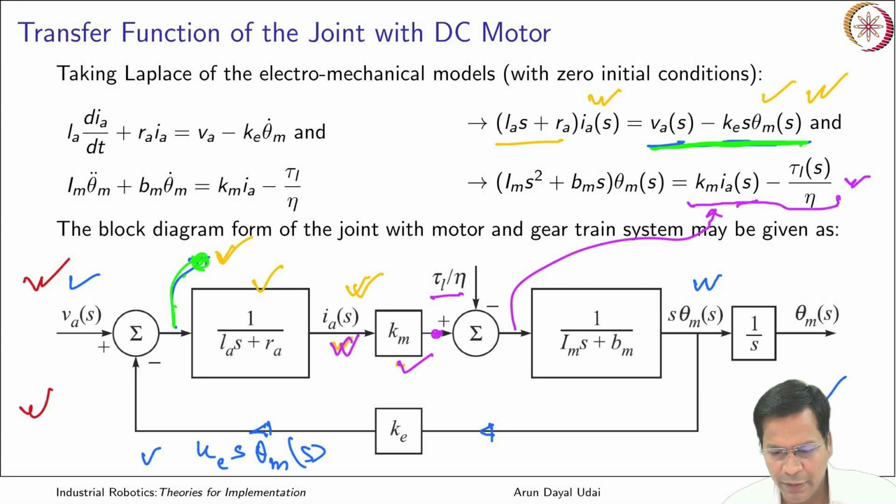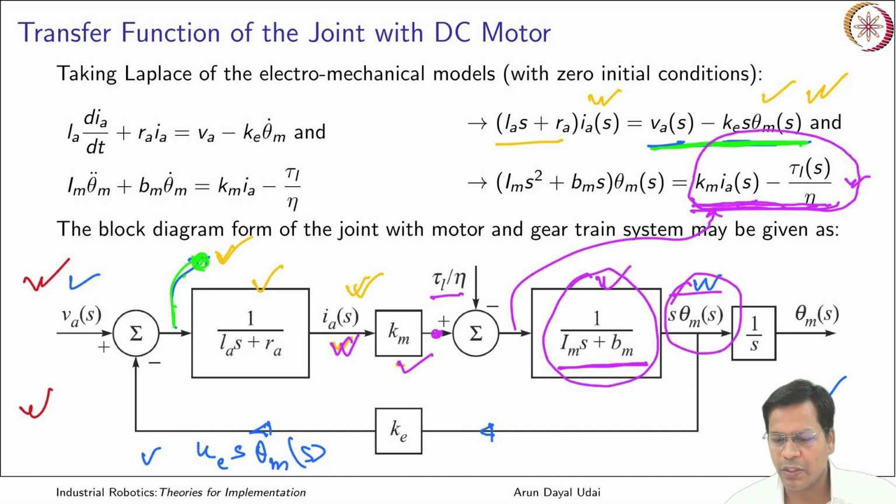This into 1 by (J s + B_m), and the term which is here is s theta_m(s). So this into this should give me this. Got it? Stepwise. I'll tell you once again: this into this should give me this.